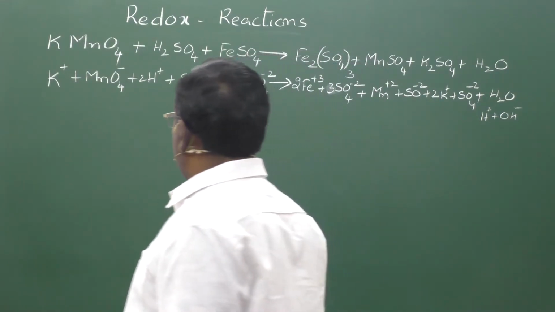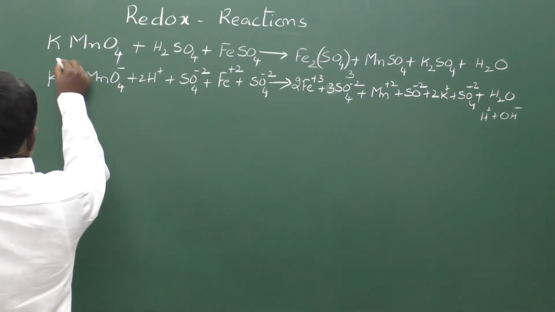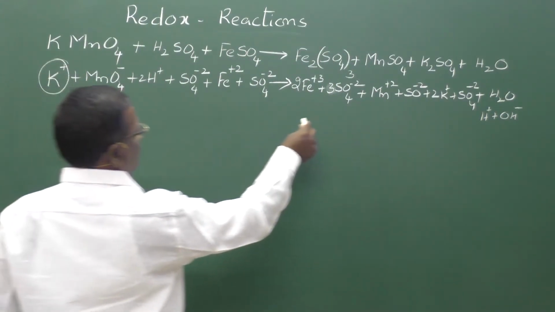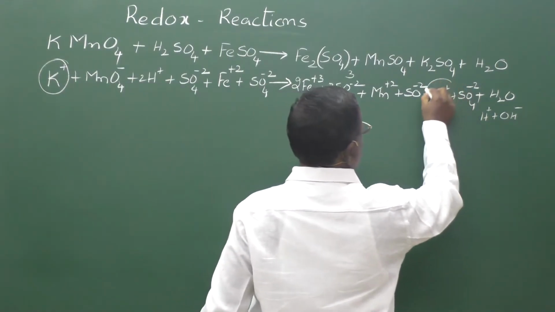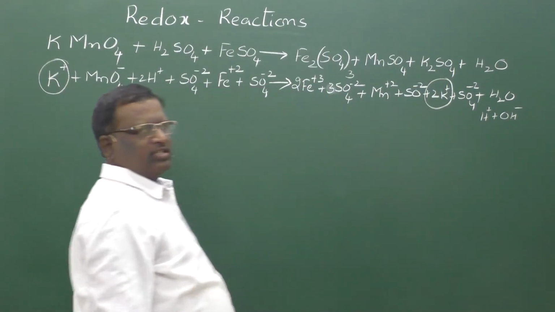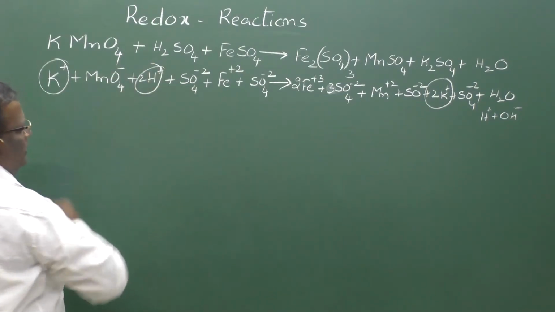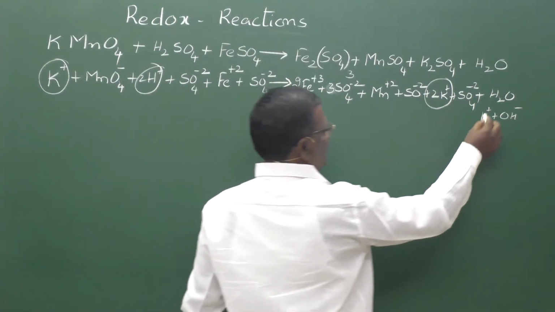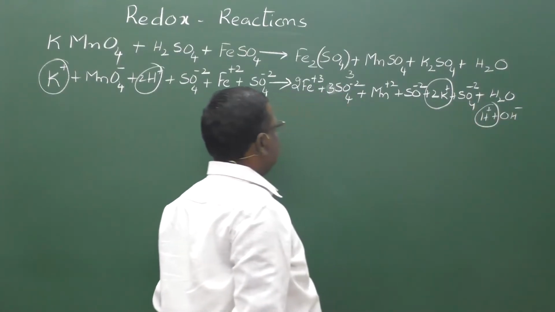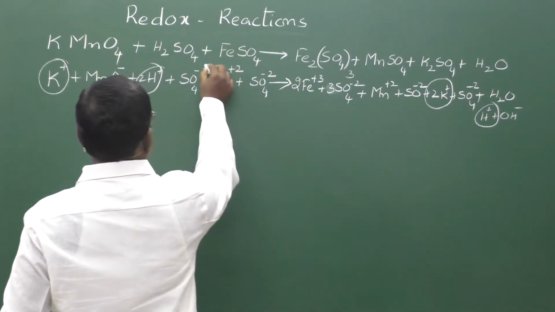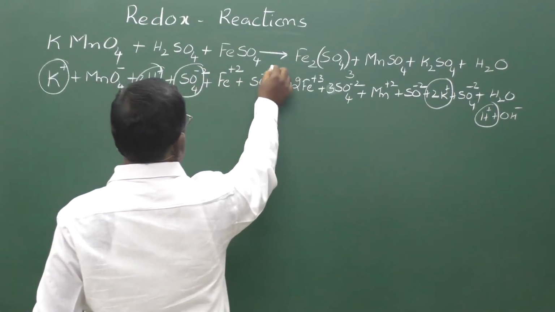Those ions are K plus. Here also it is present as K plus. There is no change in its oxidation state. Similarly, H plus. Here also there is no change. SO4 minus 2. Here it is SO4 minus 2.